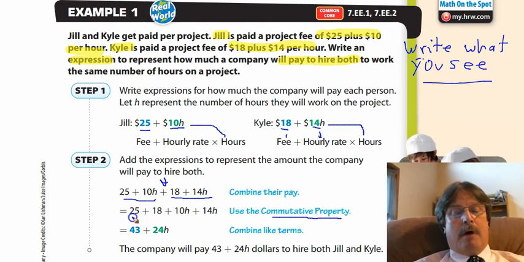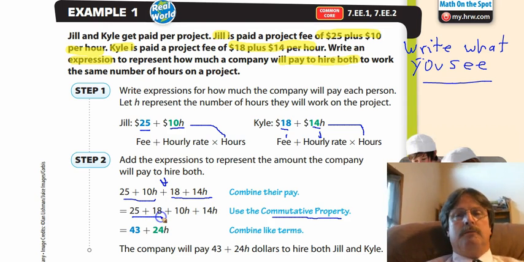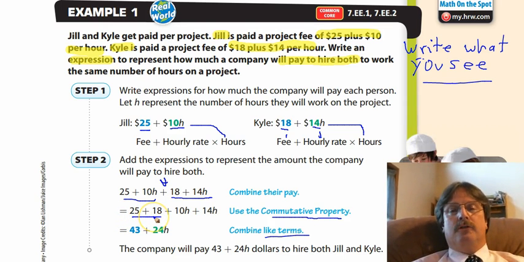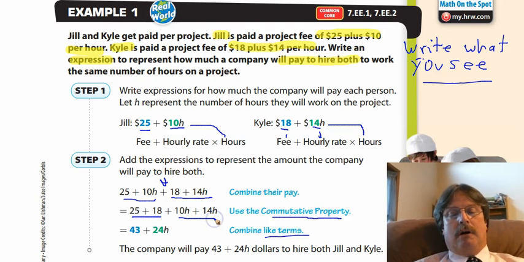Okay, so they've combined the like terms. If you don't recall that, go back to the background information that I combined, where I talk extensively about like terms. But 25 and 18 are like terms, and the 10H and the 14H are like terms, because these both have the H variable in them. These do not.